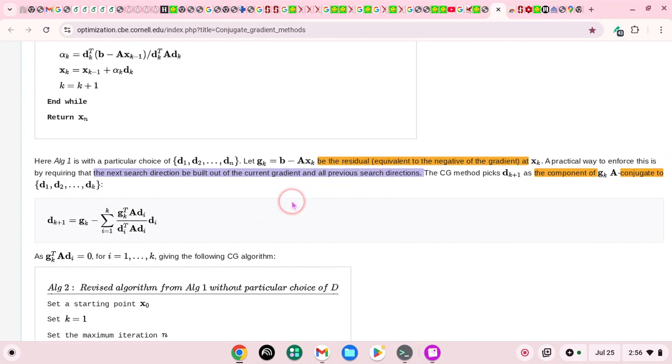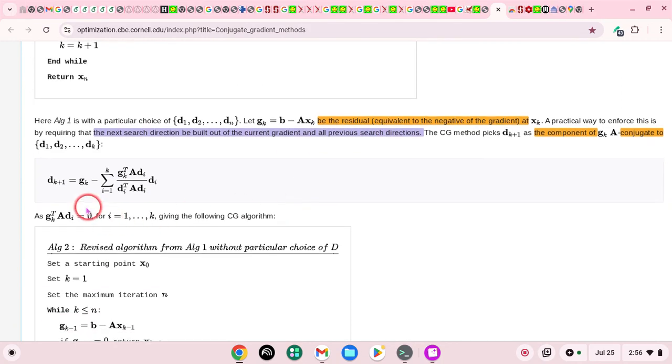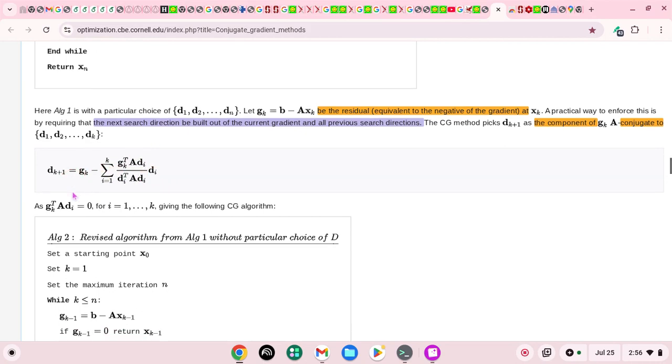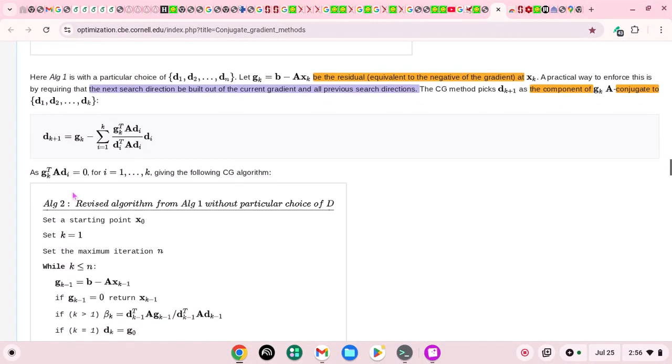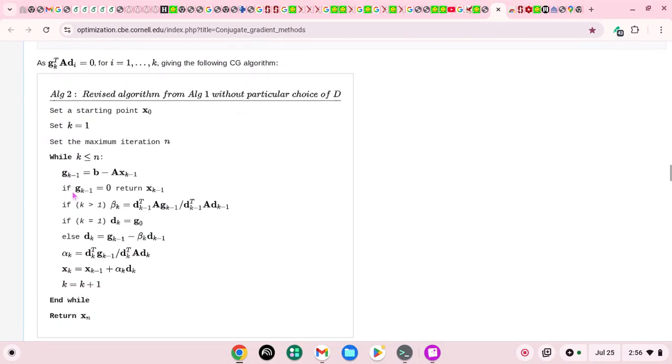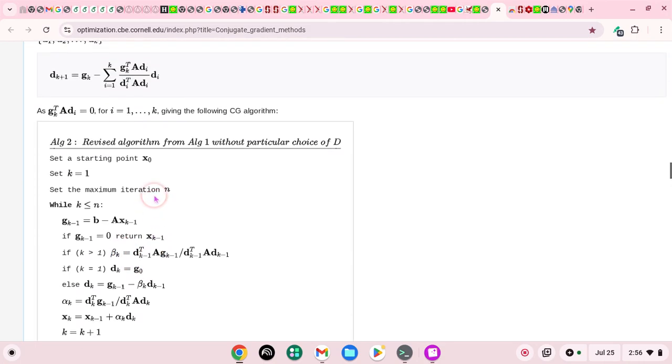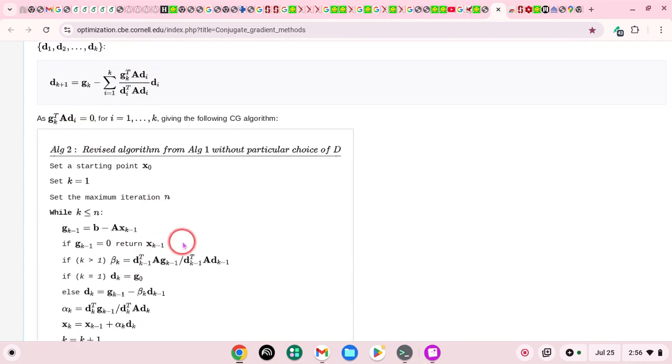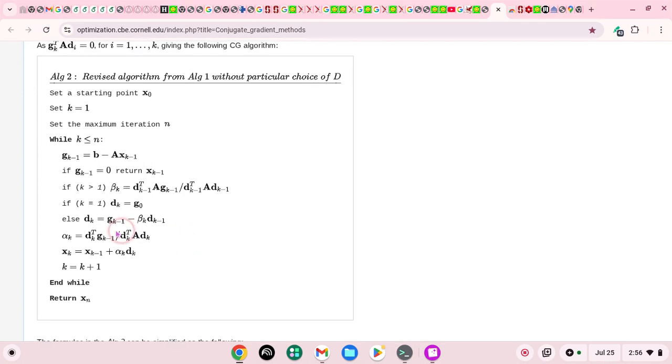How do we utilize this to update the search direction? It is based on these equations, and these equations are put into a loop similar to the previous one. We not only compute alpha k, we also compute the search directions based on these equations, and this equation requires a beta value.